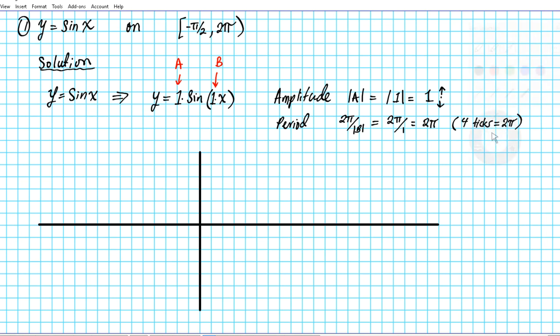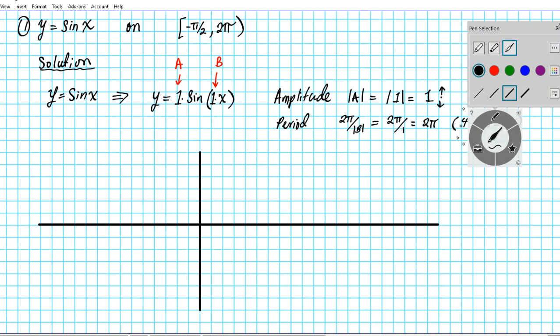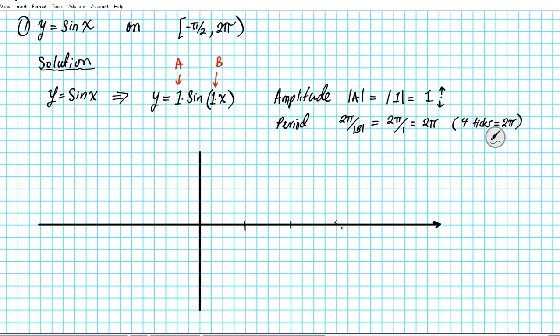For the calibration of the x-axis, as indicated earlier, we're looking at the period. Alrighty, so 4 tick marks will give us a full cycle. So 1, 2, 3, 4. So let's say first tick mark, 1, 2, 3, 4. Okay, so this is a full period, which is 2 pi in this particular example.